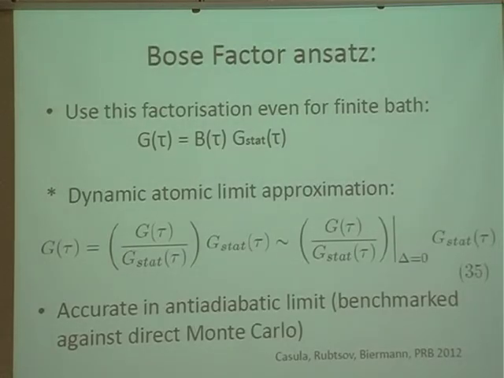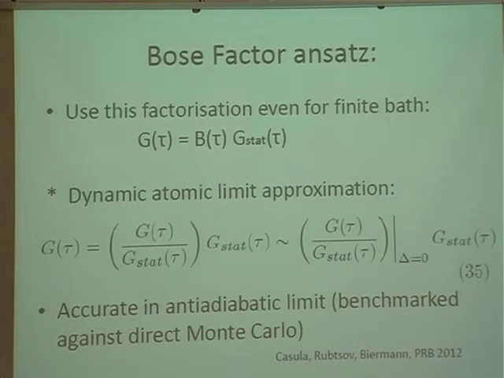We were assuming that, even for finite hybridization, we can write an ansatz where the Green's function factorizes into the Green's function of a static impurity model with static U equal to the zero frequency limit, times some bosonic factor encoding the finite frequency contributions of U.